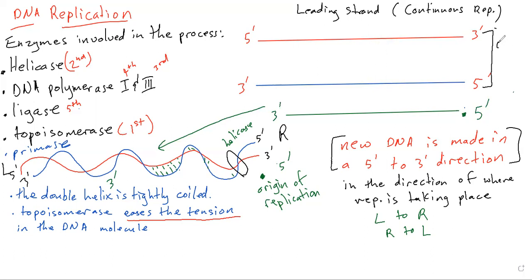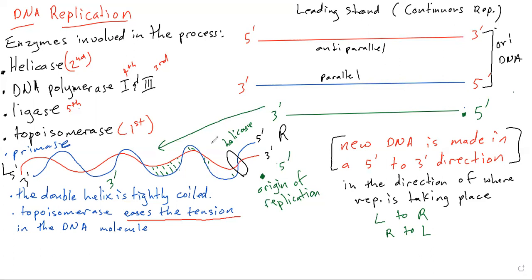So this is your original DNA, and this is the new strand of DNA that you will make. This new strand is parallel to this, and it is anti-parallel to this one.